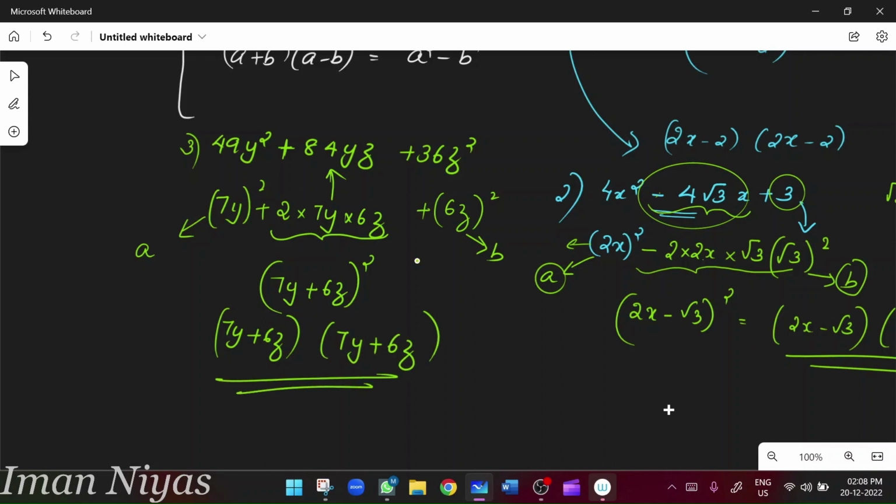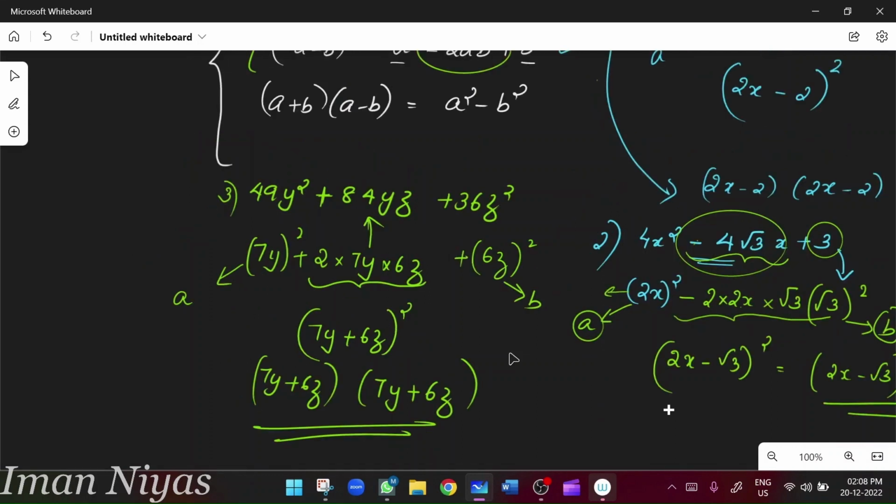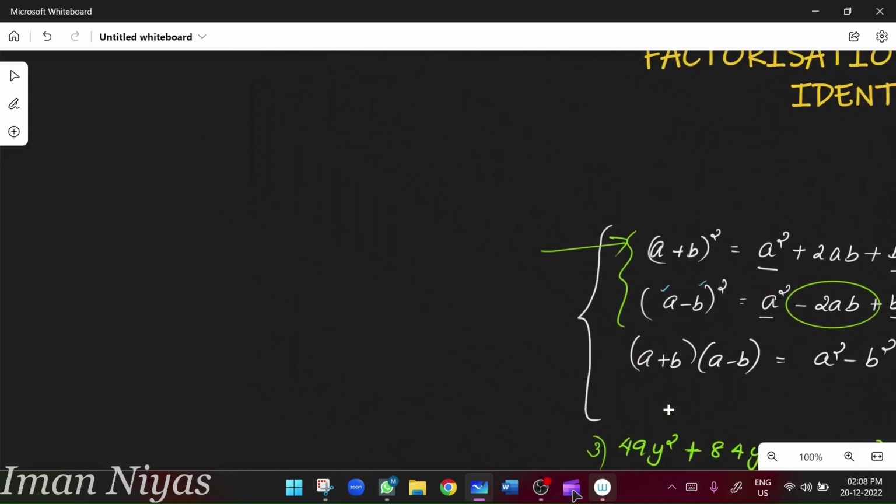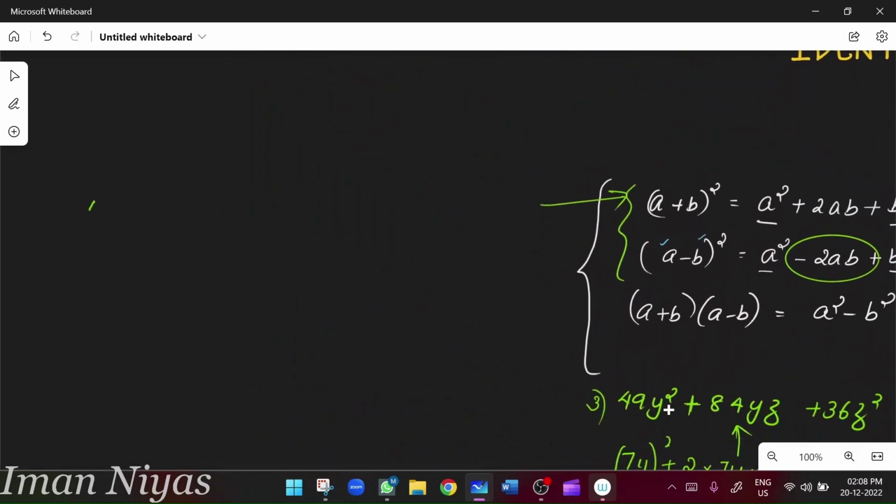Clear? So this is how you can do in both the identities. Let's see another one. So now I'm going to write here the fourth question. Fourth question, you can see here it is 4p square minus 9q square. So now you can see another identity is there here, right?